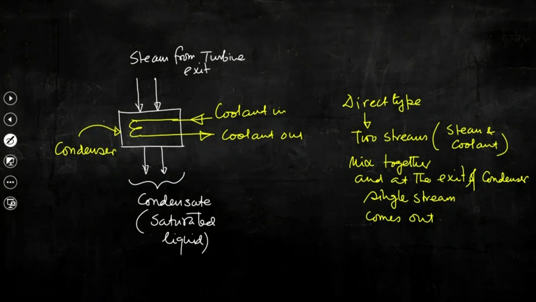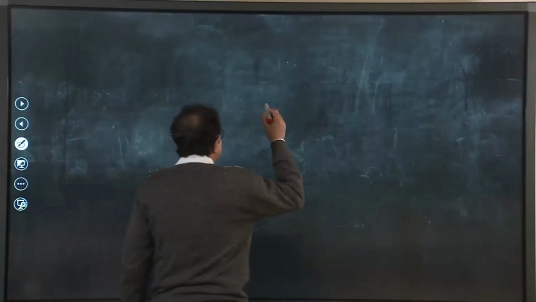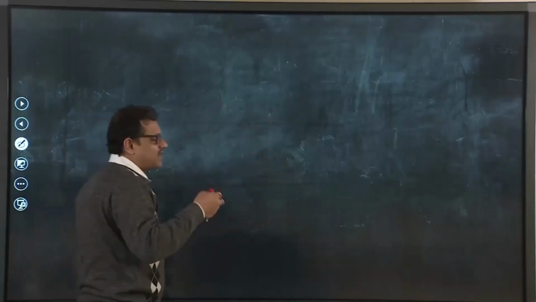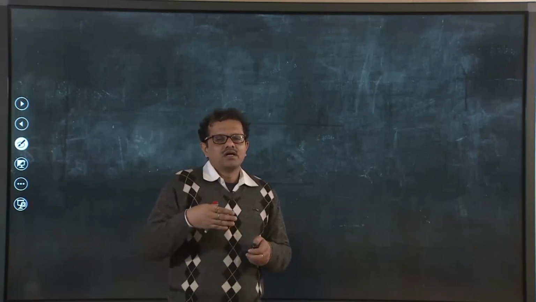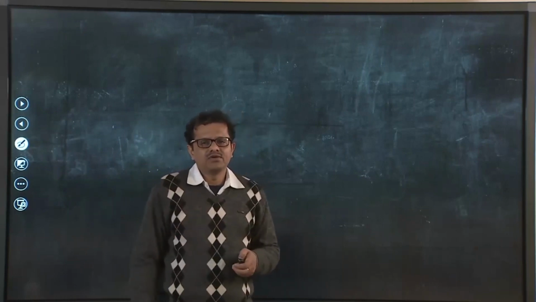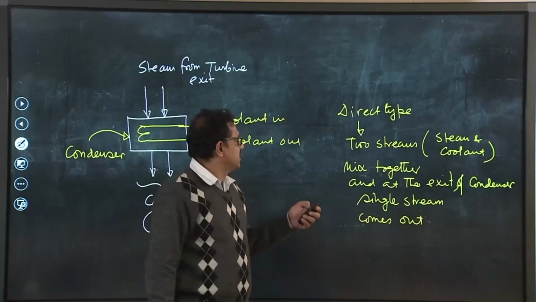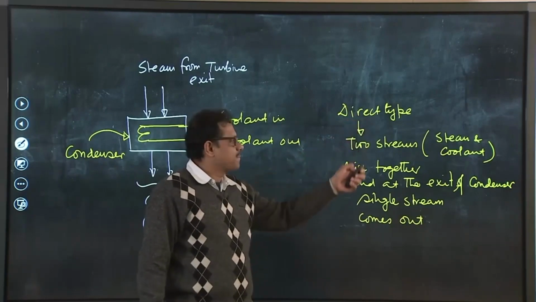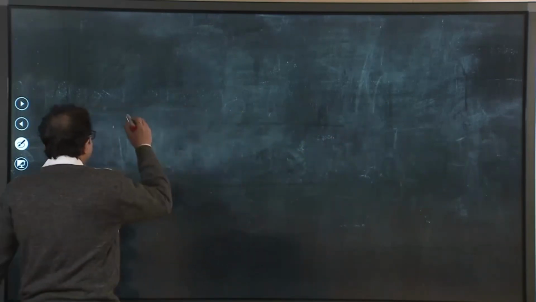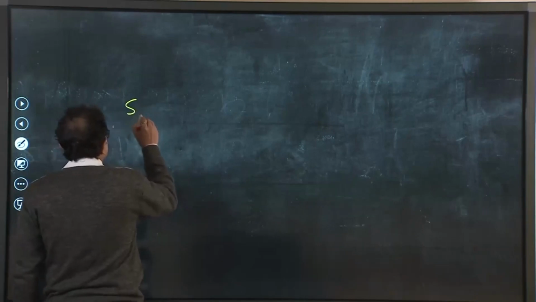Now, let us discuss one particular direct type condenser, just for the sake of understanding how this type works. There are different types available in the category of direct type. So, one particular type is spray condenser.